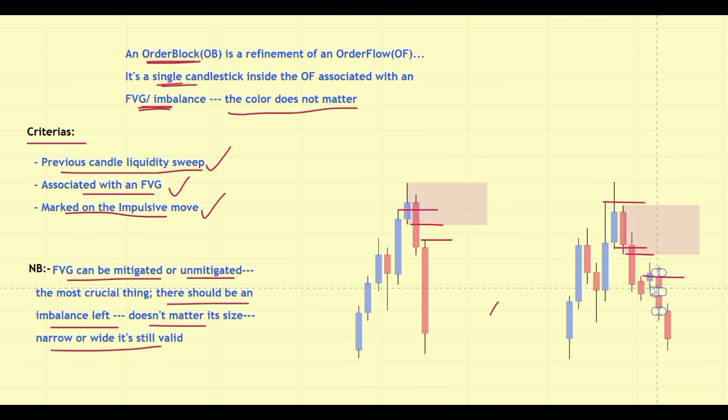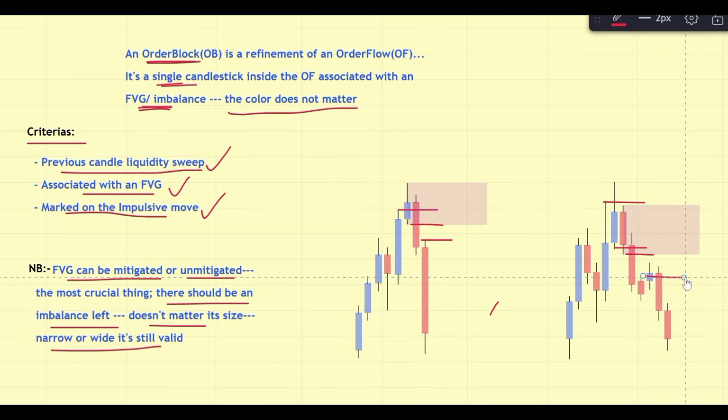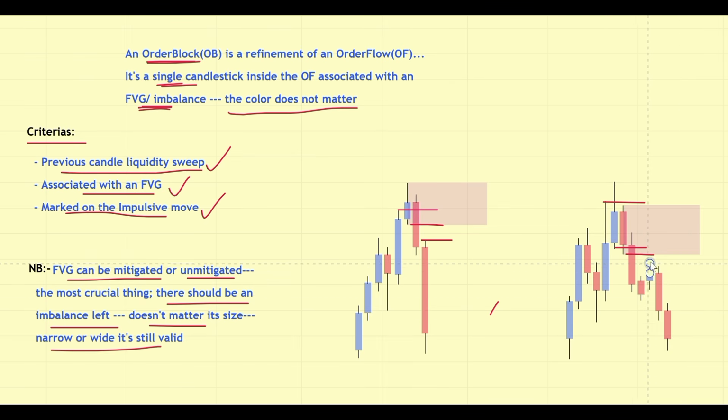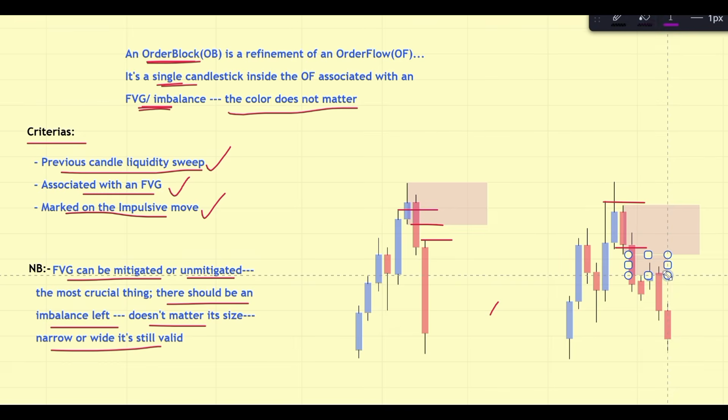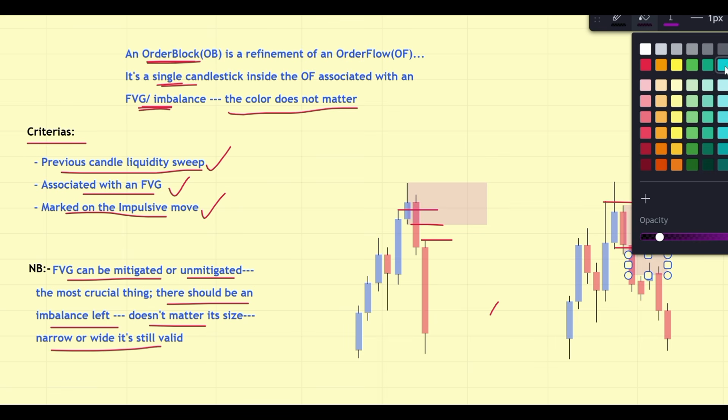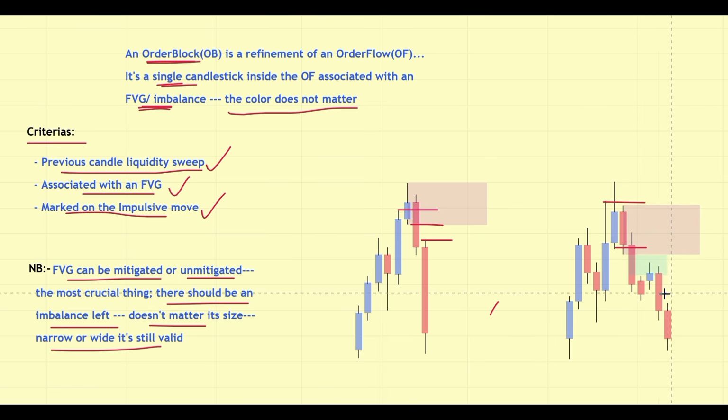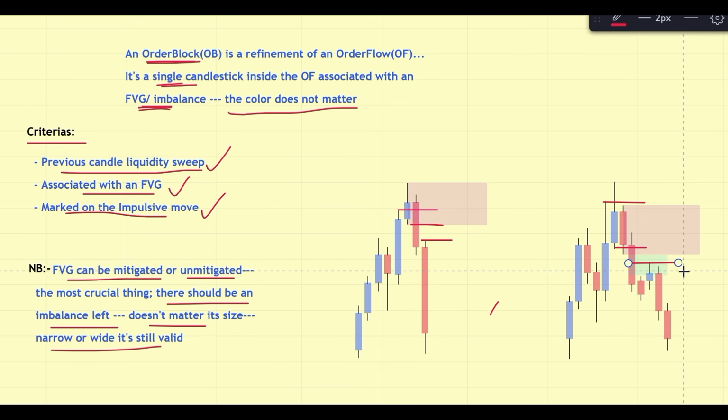I said the fair value gap can be mitigated or unmitigated, and the crucial thing is that as long as it's not fully mitigated, the order block still counts. You can clearly see that this fair value gap is mitigated, but there is still some imbalance left on top here, and we said the size of that imbalance does not matter.